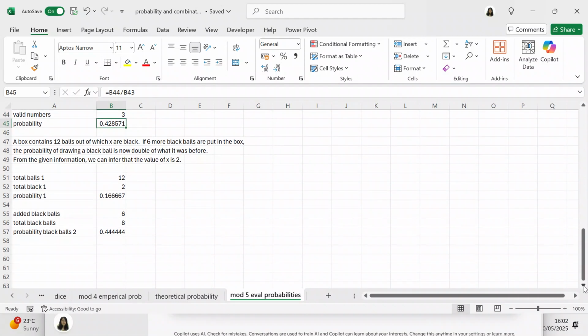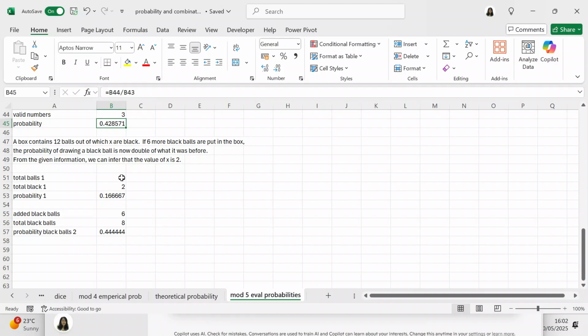So now we have the last question. A box contains 12 balls, of which X are black. If 6 more black balls are put in the box, the probability of drawing a black ball is now double what it was before. From the given information, we can infer that the value of X is 2.